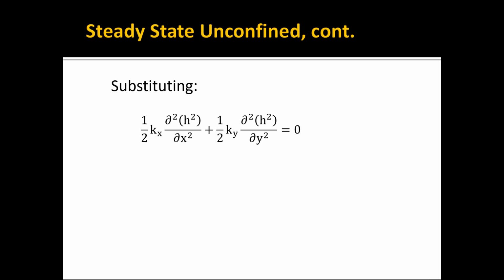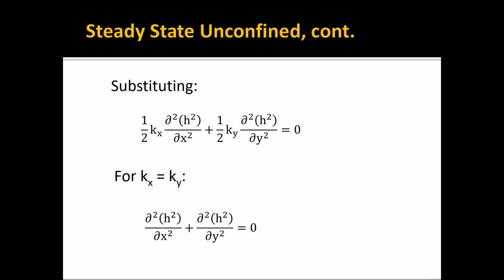And so now this is the solution that we have for the unconfined case. Of course, if there's nothing on the right hand side, we could divide by 1/2, and we get kx times the second derivative of h squared with respect to x, and ky times the second derivative of h squared with respect to y. If kx is equal to ky, then we have just k in those terms, and we can get rid of the k term.